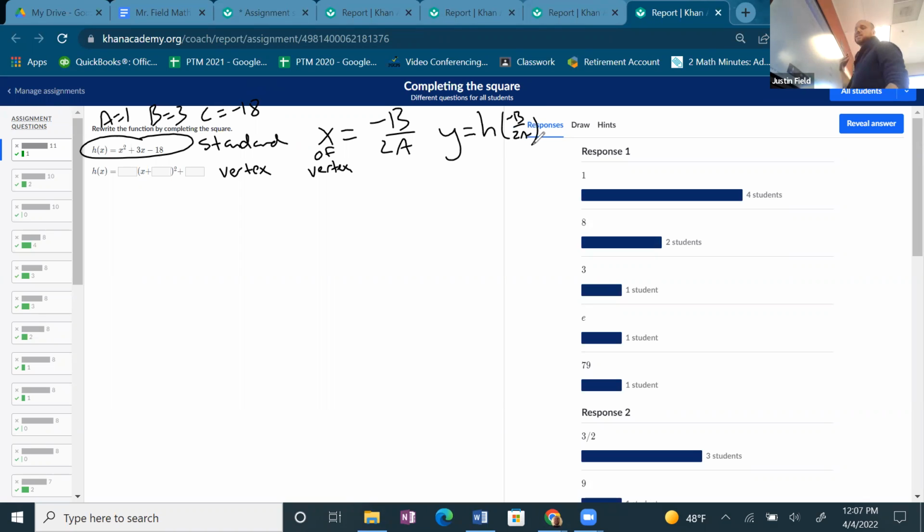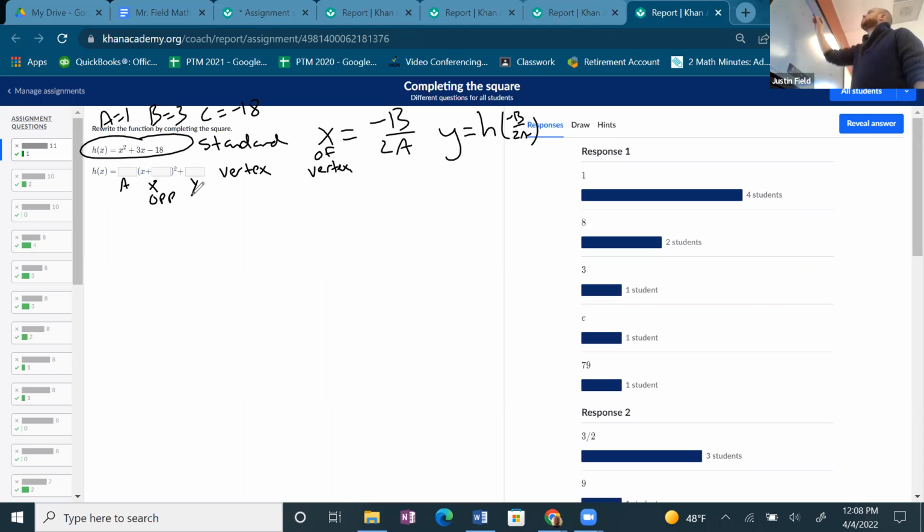So we're going to substitute our answer for x into the equation to get our y value. The opposite of the x value goes here. The a value goes here, and the y goes there.